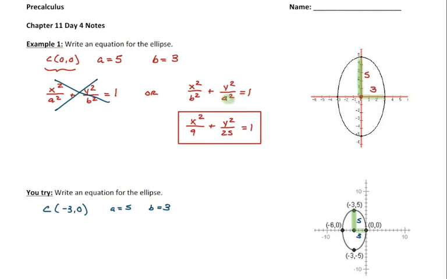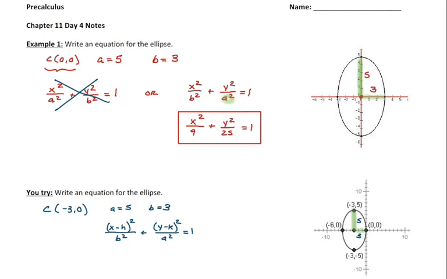So there's a general equation, the standard form of an ellipse, that I would use when the center is not at 0, 0. So that is x minus h quantity squared over b squared plus y minus k quantity squared over a squared equals 1.